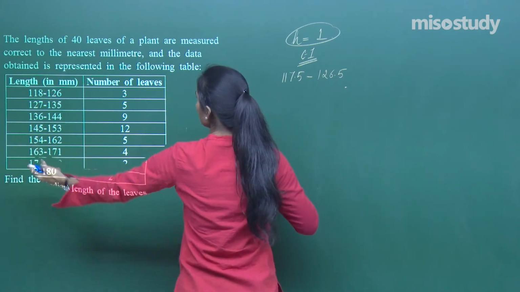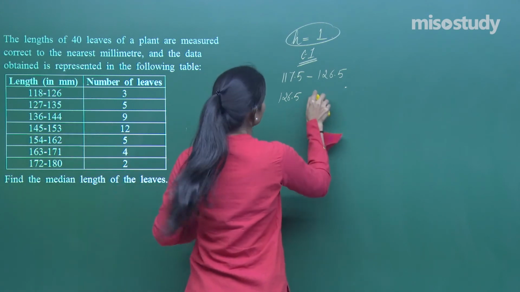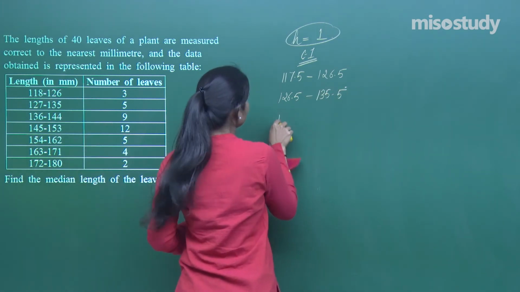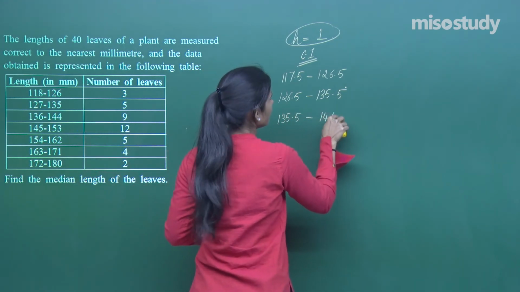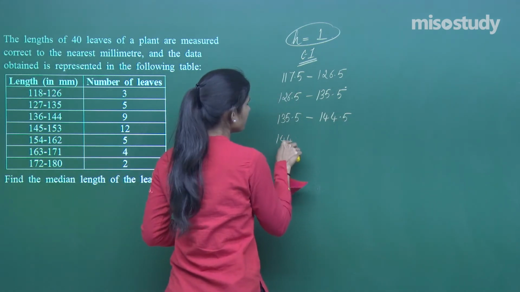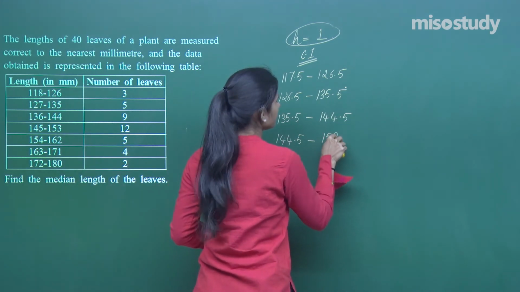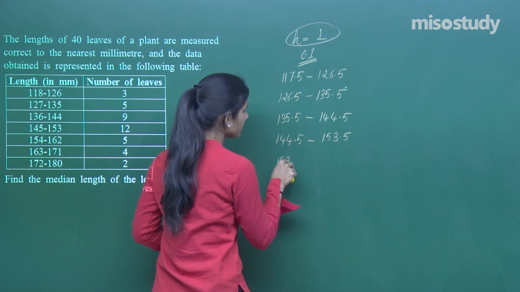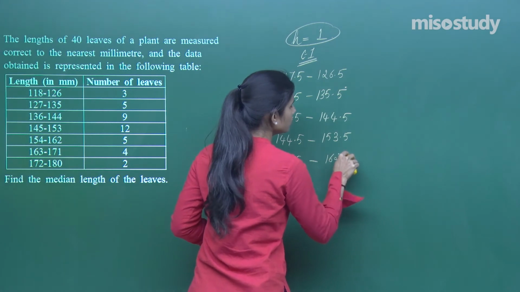Again 127 minus half, 126.5, 135 plus half, 135.5, 136 minus half, 135.5, 144 plus half, 144.5, 145 minus half, again 144.5, 153 plus half, it is 153.5. Next is 154 minus half, so it is 153.5. Next it is 162 plus half, so it is 162.5.